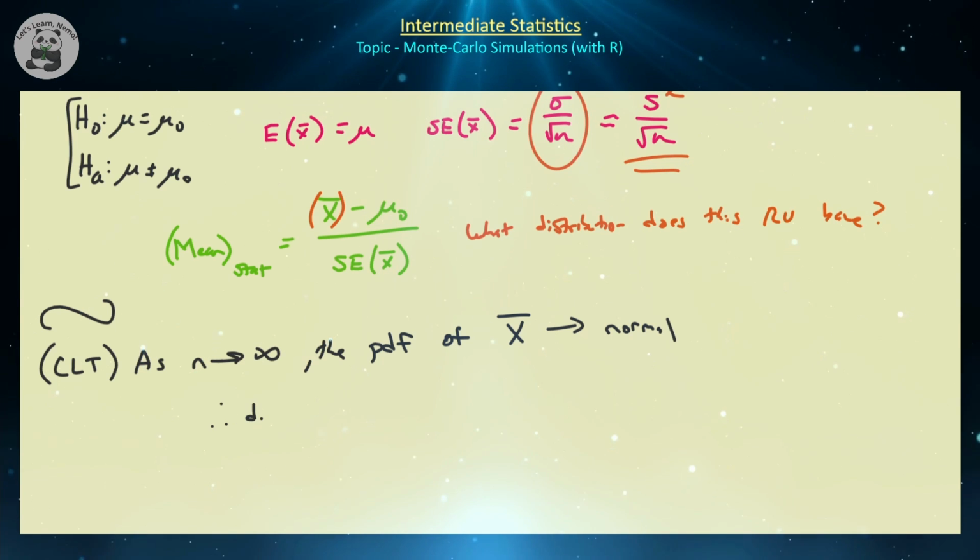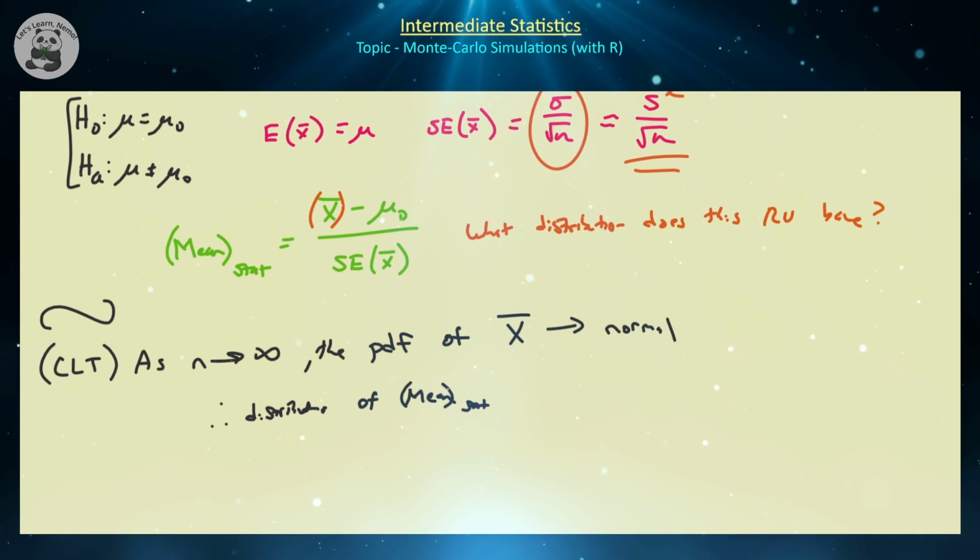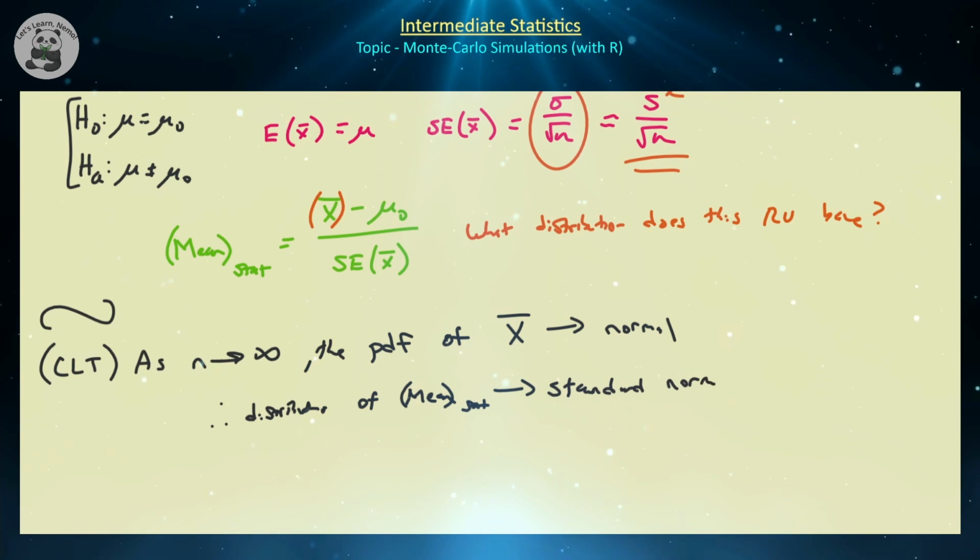That is, the distribution of our mean test statistic would follow a particular normal distribution that's shifted by mu0 and divided by the standard error of x bar. If that's based on sigma, then that's going to be a z distribution in that particular case, and it's going to follow a t distribution with n minus 1 degrees of freedom if it happens to follow the s over square root of n.